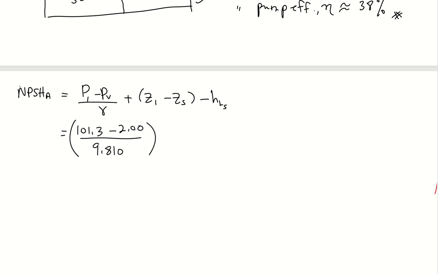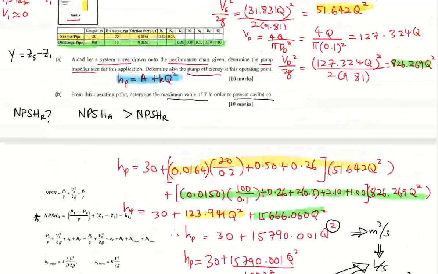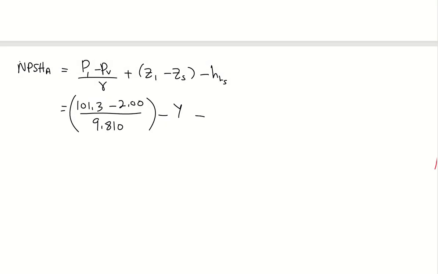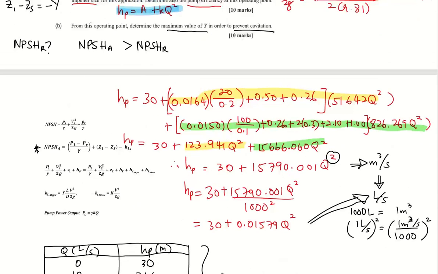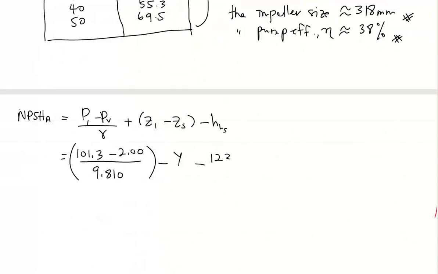Z1 minus ZS is basically negative y, because y is ZS minus Z1. So you put here minus y minus HLS. I go back to my equation: 123.941 Q squared.